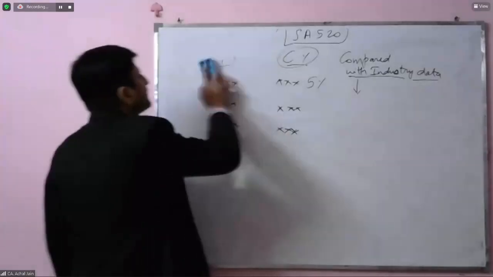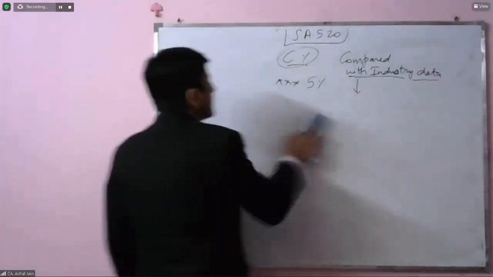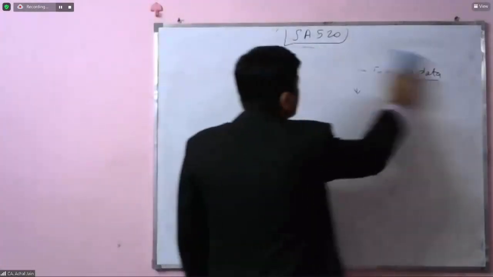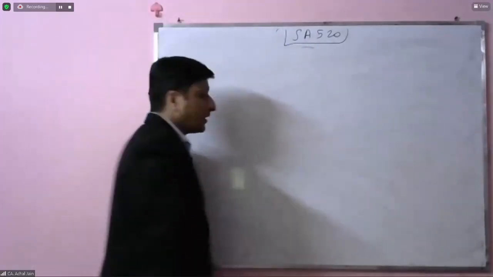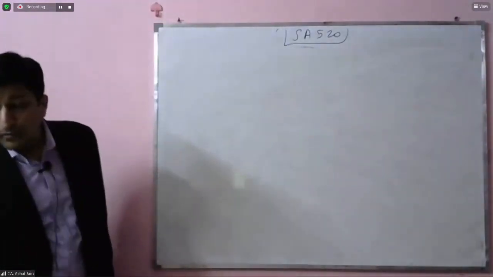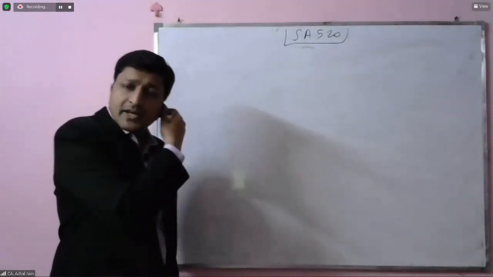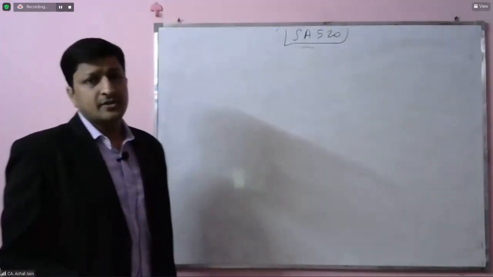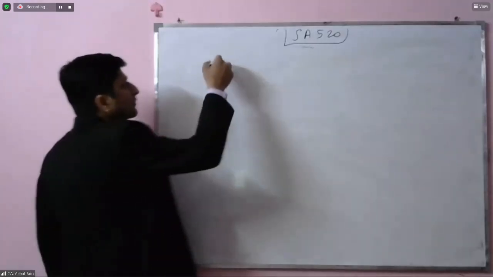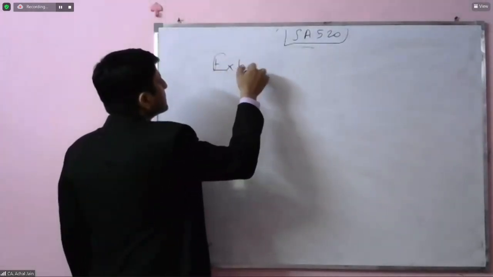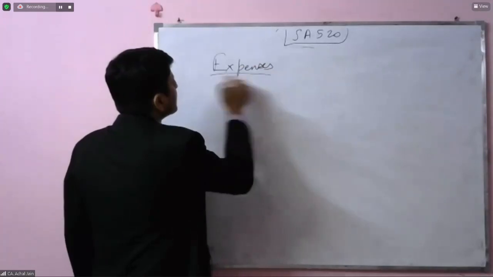Another way through which this analytical procedure is generally performed in respect of the expenses or the incomes is by developing the expectation. So we can pick up some examples, say of expenses.